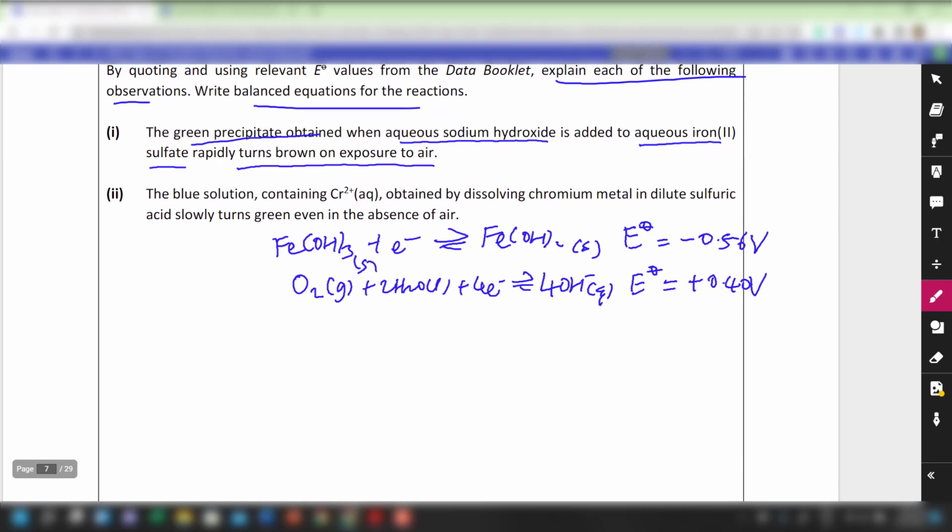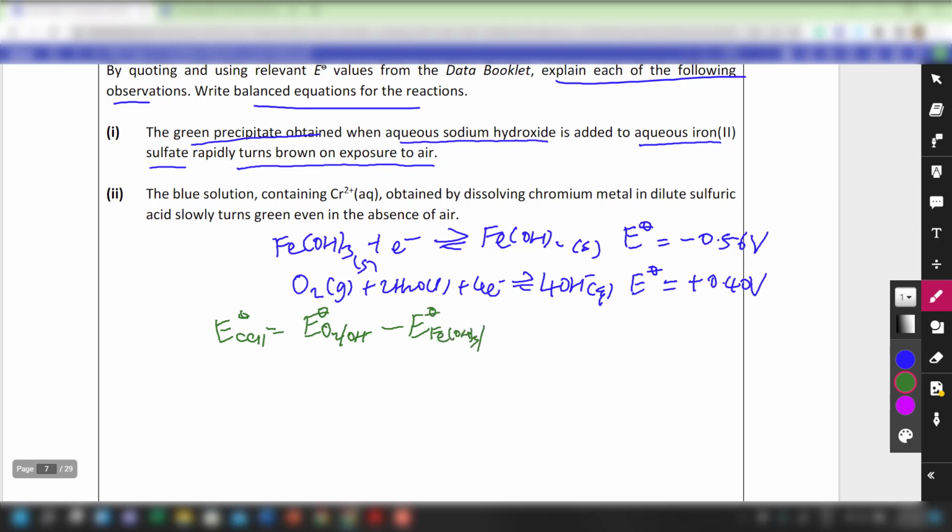First of all, we need to check whether the reaction is feasible, so we calculate E cell. E cell is equal to E reduction minus E oxidation. So that will be E of O2/OH minus minus E of Fe(OH)3/Fe(OH)2, which equals plus 0.40 minus negative 0.56. We end up with plus 0.96 volts.